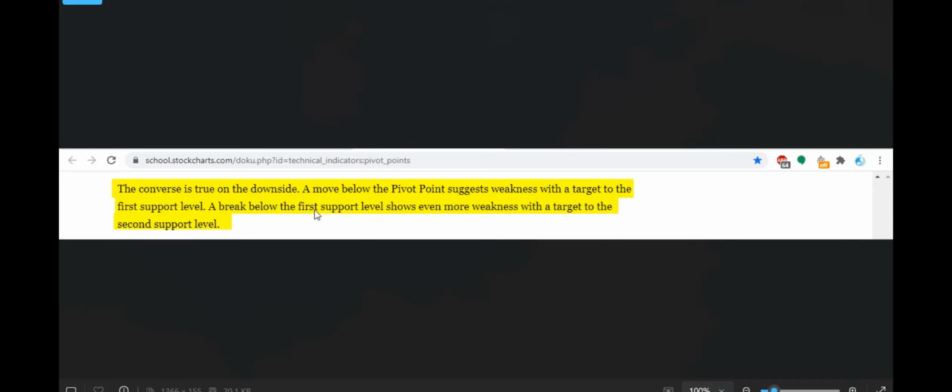A break below the first support level shows even more weakness, meaning more downtrend strength. So extra strength downtrend, okay, with a target to second support level. And obviously a break below the second support level means an even stronger extra strength downtrend, okay? And the target would be obviously the weekly S3, right?